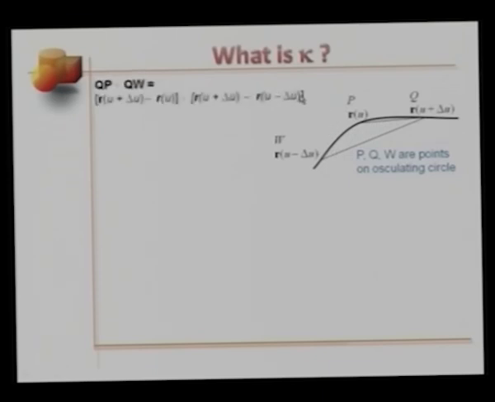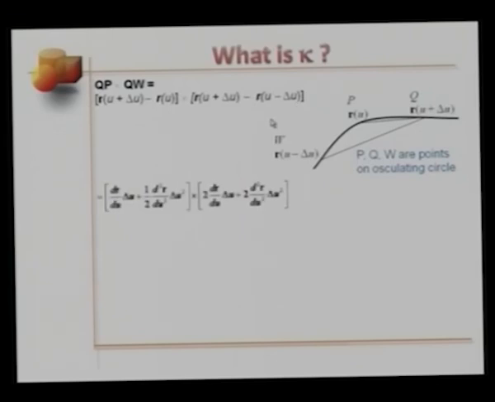Now, let's compute QP crossed with QW. QP is given by R(u + delta u) minus R(u), and QW is given by R(u + delta u) minus R(u - delta u).